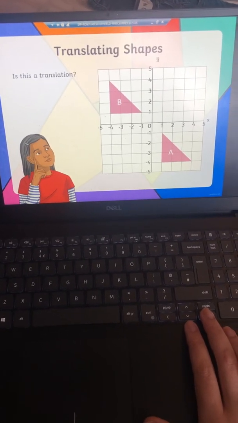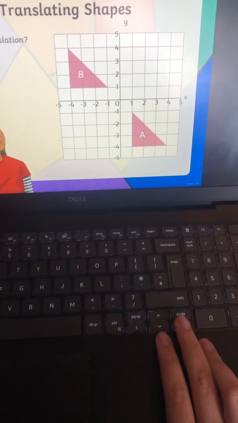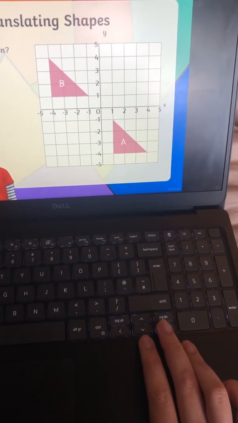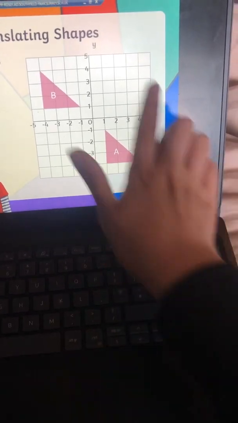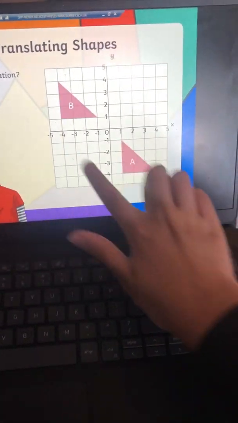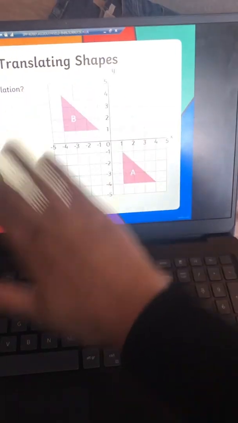So this is a translation, and today I'm going to be helping you to think about how one shape translates to another.